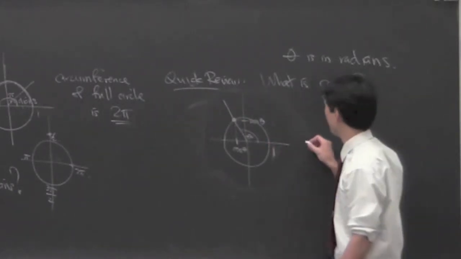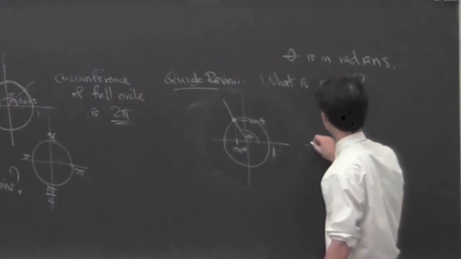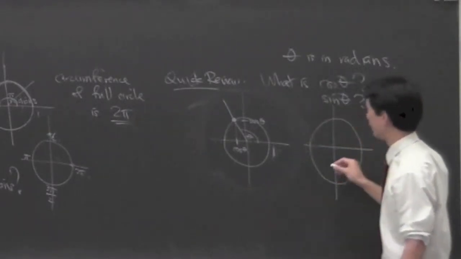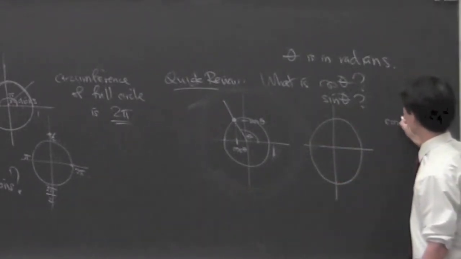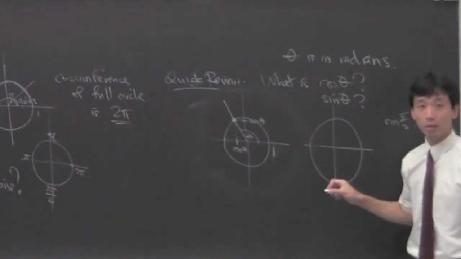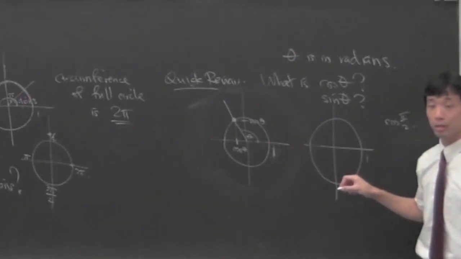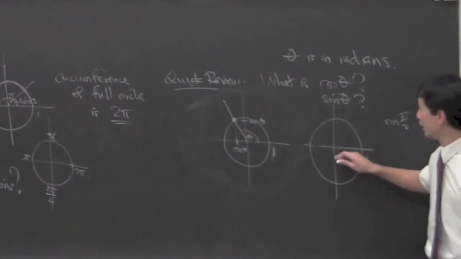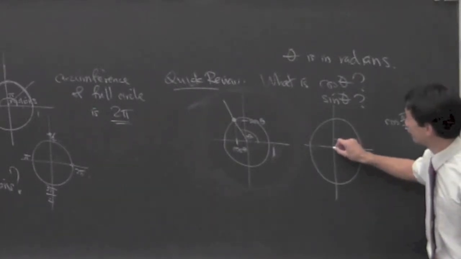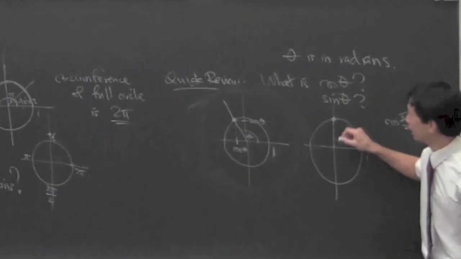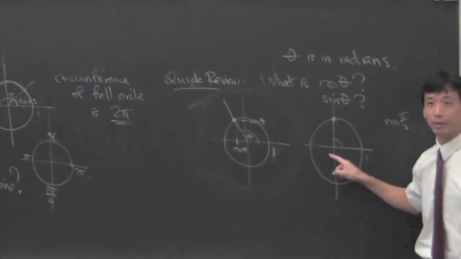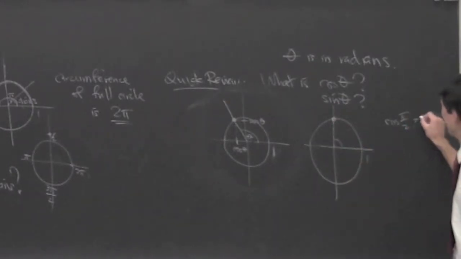So for example, if somebody says, what is cosine of pi over 2? You come to the unit circle and you say, I want the angle pi over 2, and I want the x-coordinate of that. The x-coordinate is 0, so cosine pi over 2 is 0.